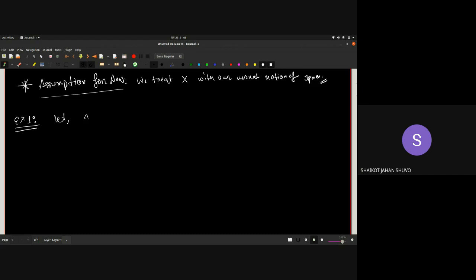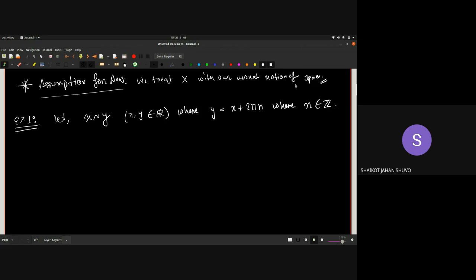Let x and y both belong to the real number line, and they have some sort of equivalence relation where y equals x plus 2 pi n, where n belongs to Z, the integers.